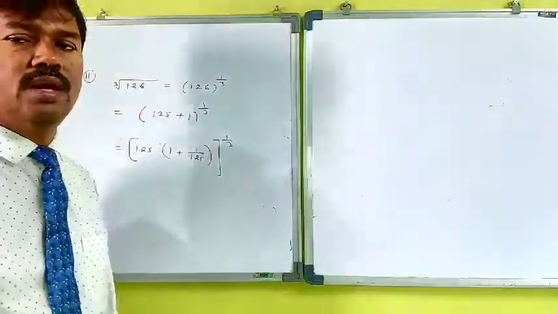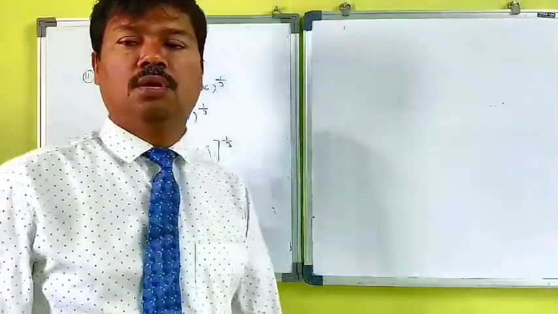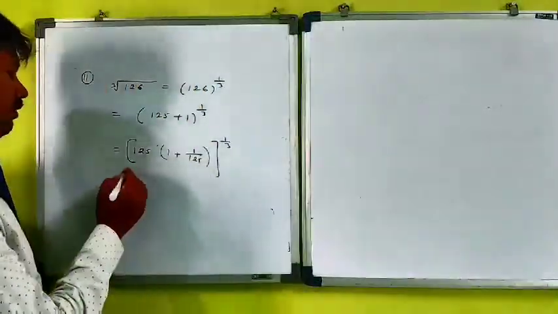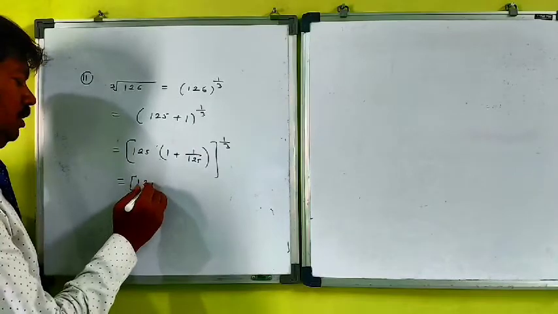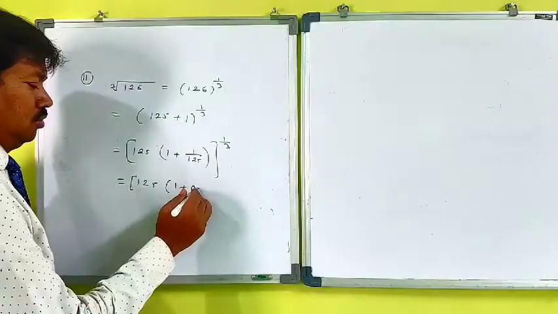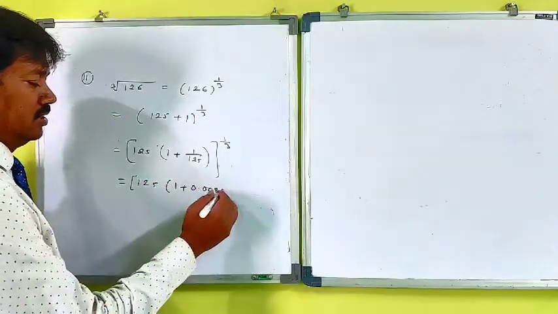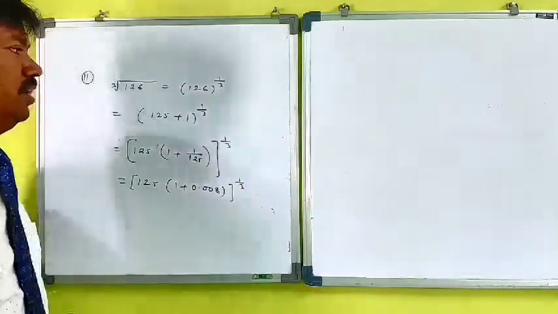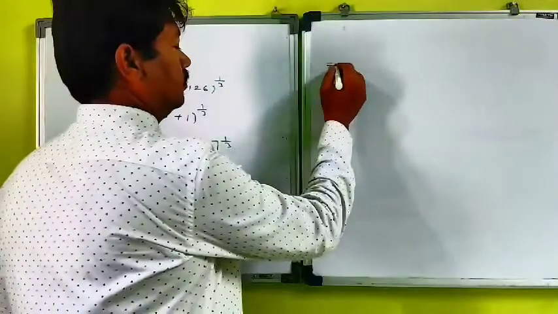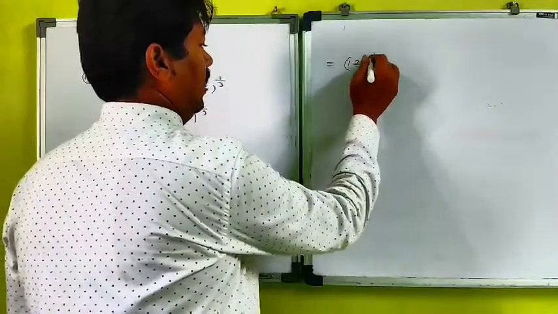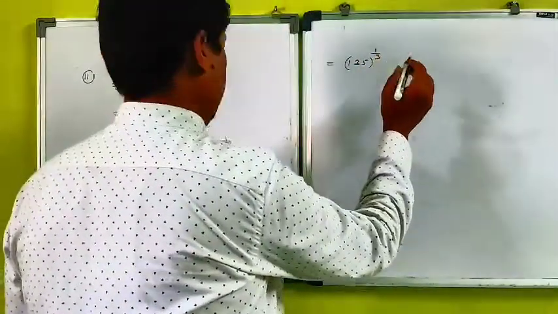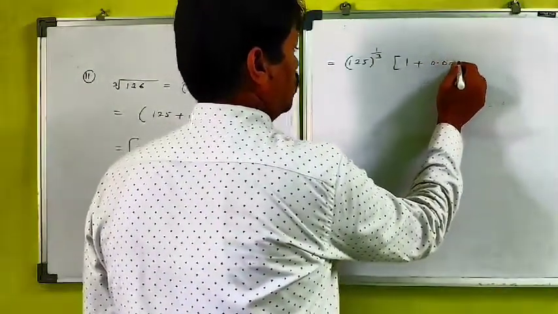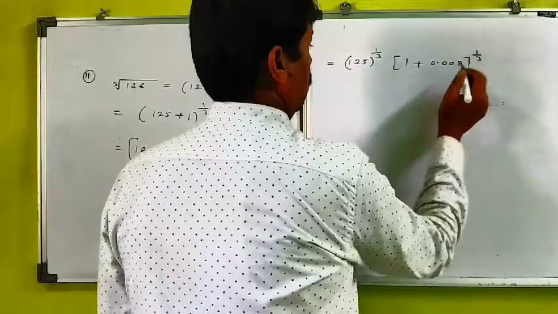Now 1 upon 125 is nothing but 0.008. You can divide this. That becomes 125 raised to 1 upon 3, and here 1 plus 0.008 raised to 1 upon 3.